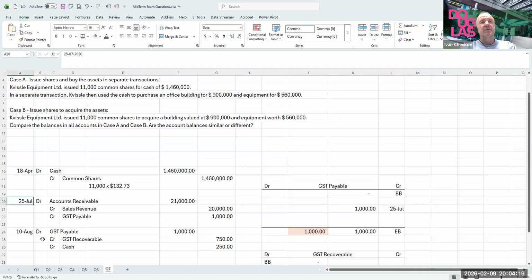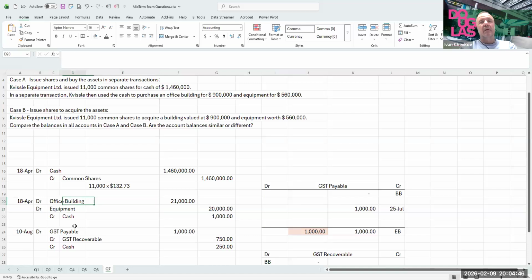Still on April 18, they use that cash and purchase the office building. So they get the office building, then they get equipment, and they pay everything in cash.